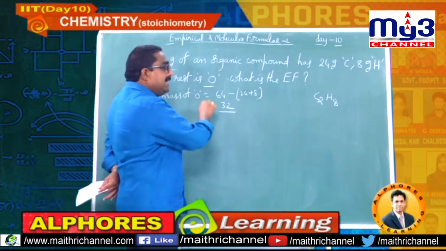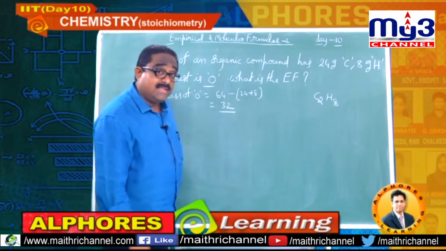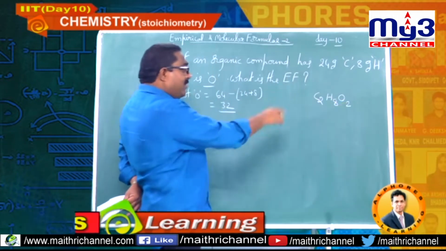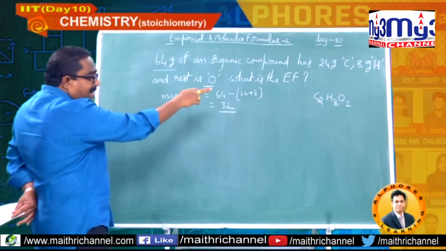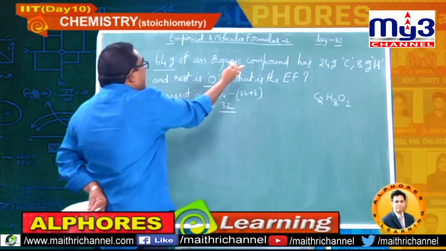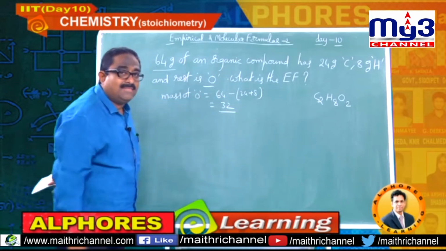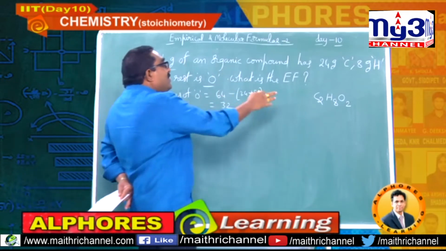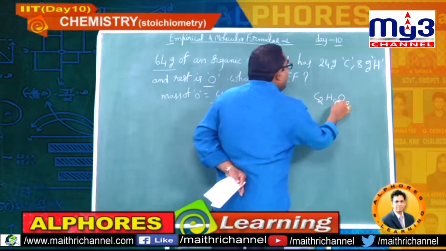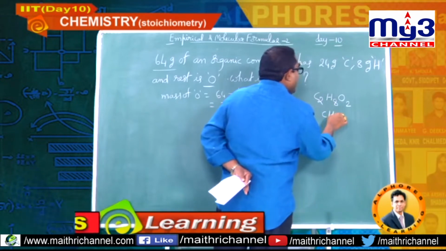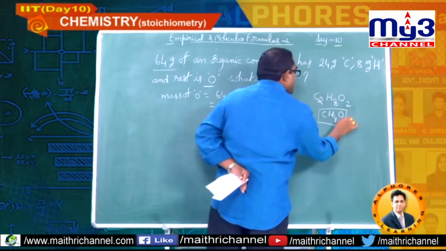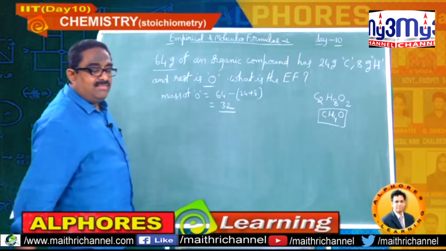Oxygen mass here is 32, oxygen atomic mass is 16, 2 into 16, 32. Indirectly he has given the molar mass of the compound here. If you cancel the common term, you can simply get CH4O. 2 will get cancelled. So this is the empirical formula of the compound.